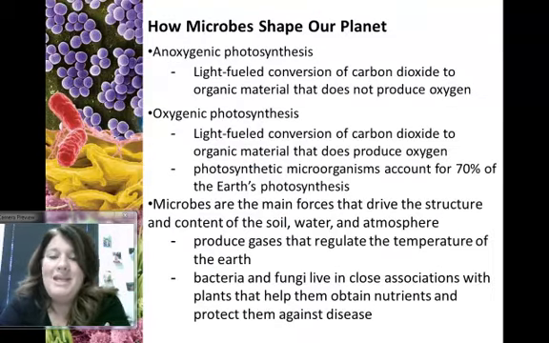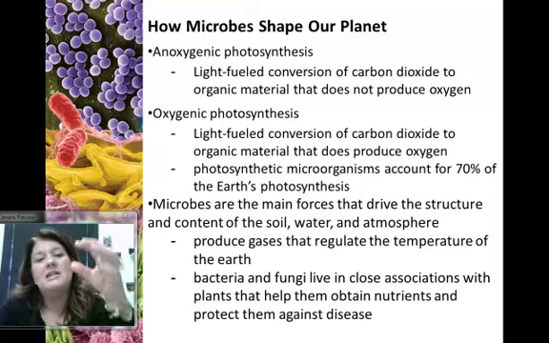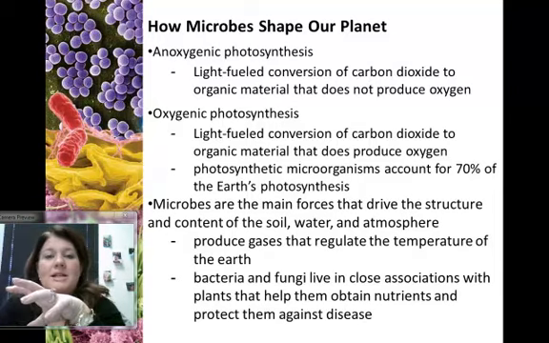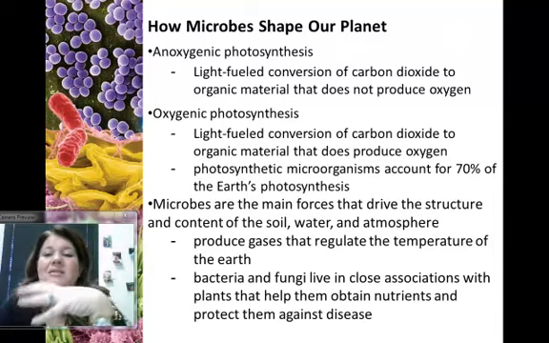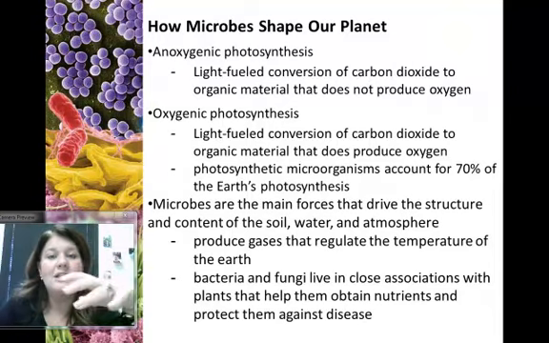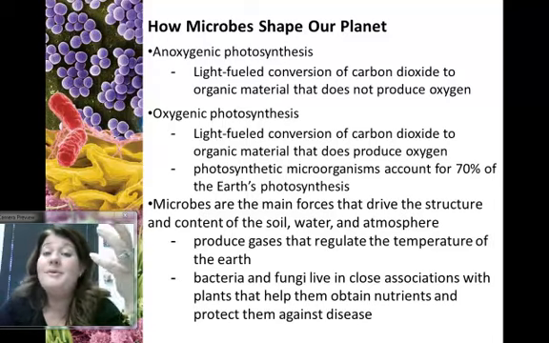Aside from being major players in the evolution towards eukaryotes, we also see microorganisms shape the planet greatly. Based upon all of our evidence, we know that the first conversions of energy were probably photosynthetic.